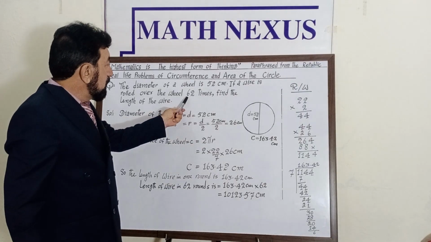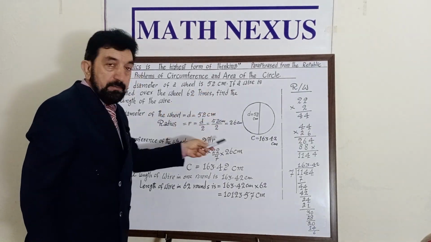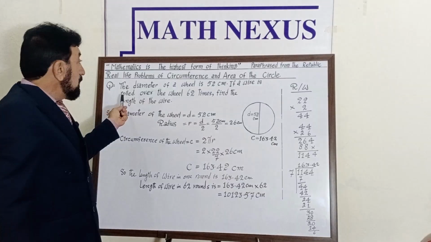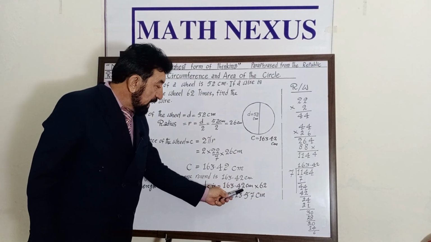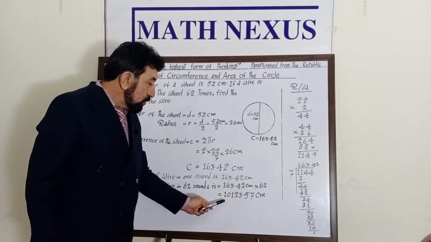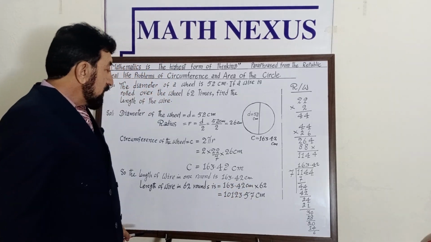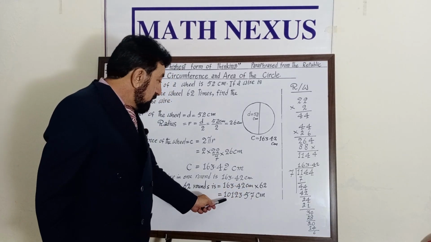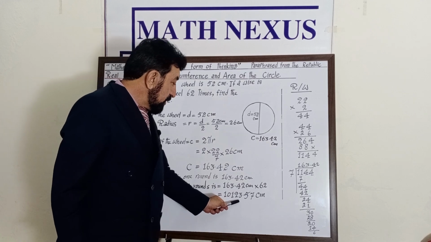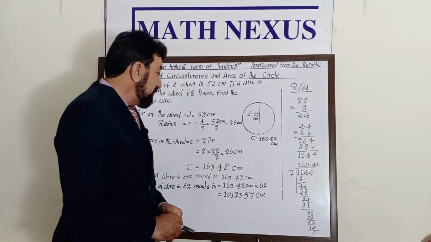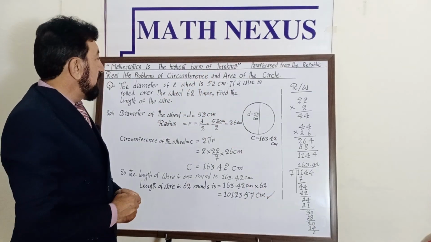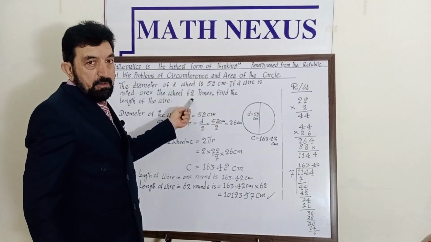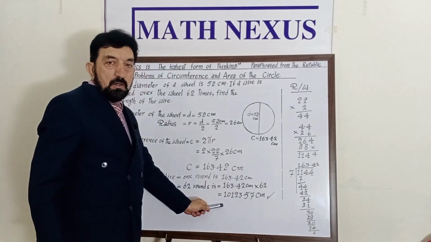And if the wire is rolled 62 times, multiply this amount by 62, this is equal to 10,123.57 centimeter. This is the length of the wire, and this is the answer of the question.